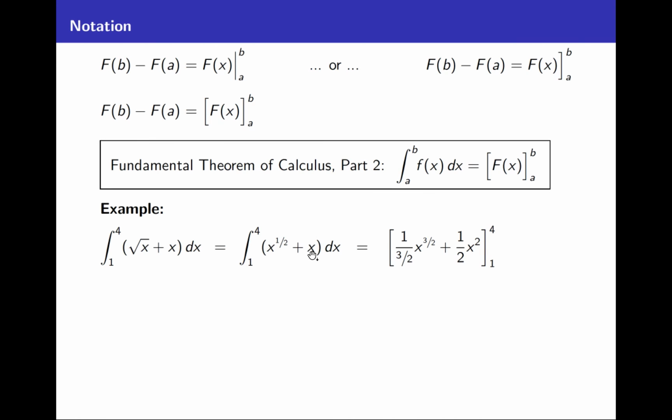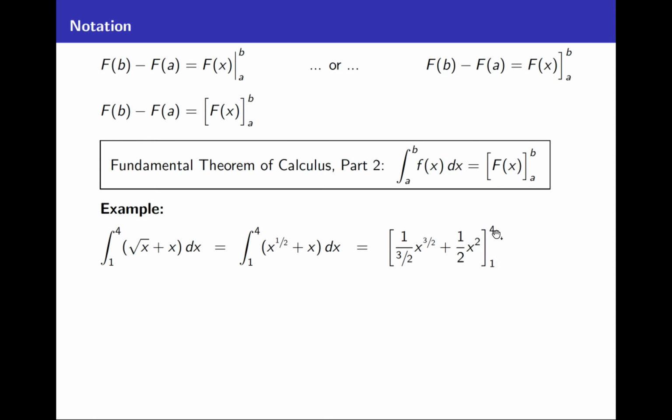And then an antiderivative of x to the power of 1 would be x to the power of 1 plus 1 divided by 1 plus 1. So that's our antiderivative of x to the 1/2 plus x.